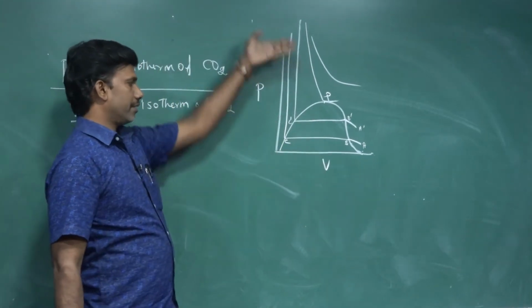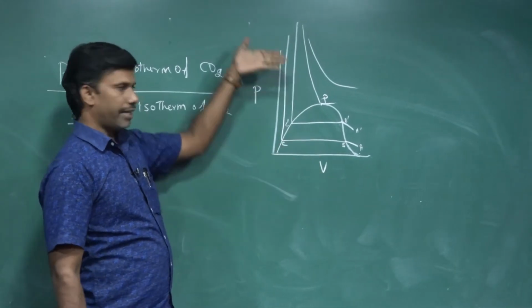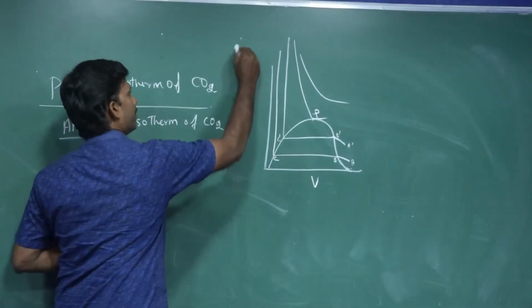The graph at a given temperature, pressure versus volume, is called an isotherm. This is Andrews isotherm of carbon dioxide, which we are going to explain now.